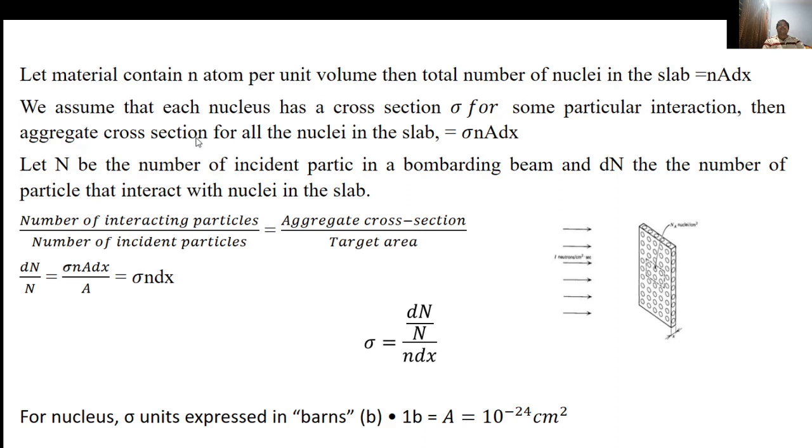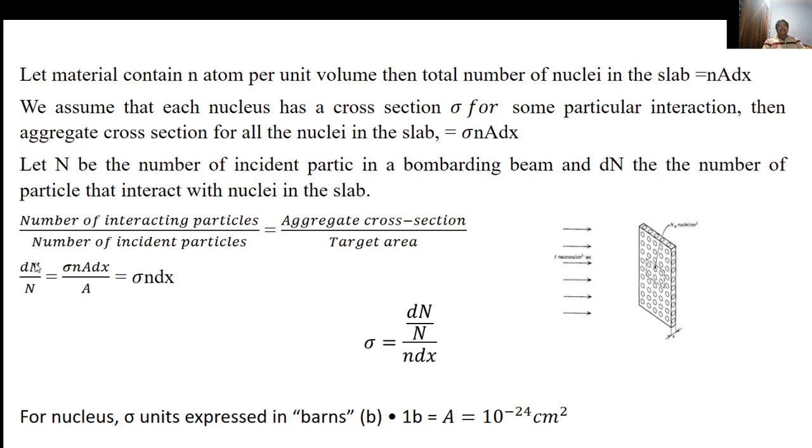Let N be the number of incident particles in a bombarding beam and dN the number of particles that interact with nuclei in the slab. It can be written that the number of interacting particles by the number of incident particles is equal to the aggregate cross section by the target area.